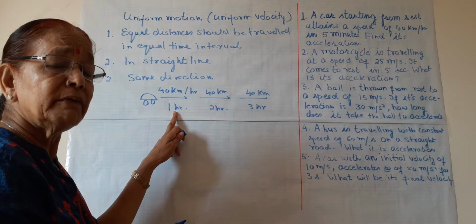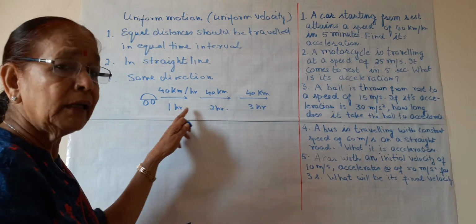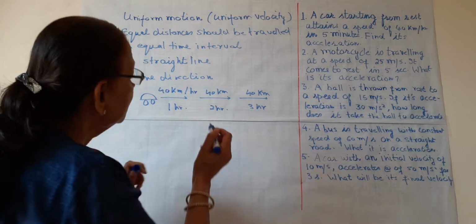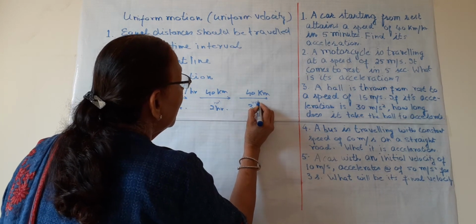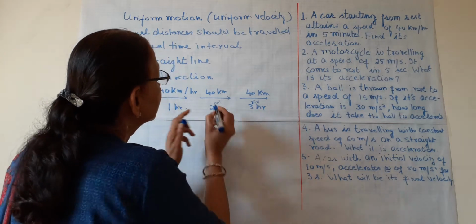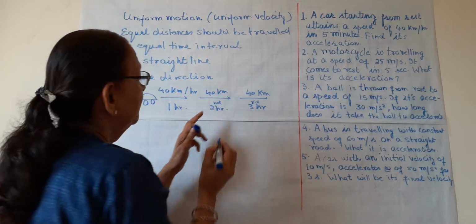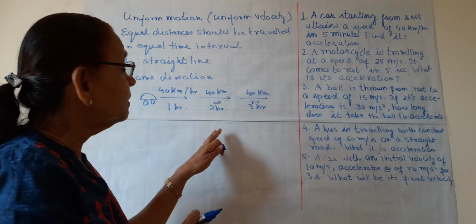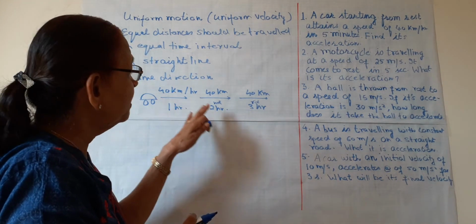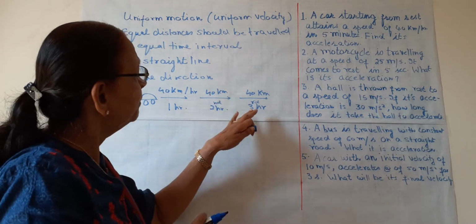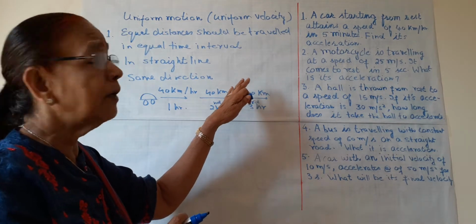Time interval is 1 hour, again 1 hour. This is the second hour. This is the third hour. Not 3 hour, second and third hour. Time duration is 1 hour. So in first hour it traveled 40 kilometers, second hour 40 kilometers, third hour 40 kilometers.